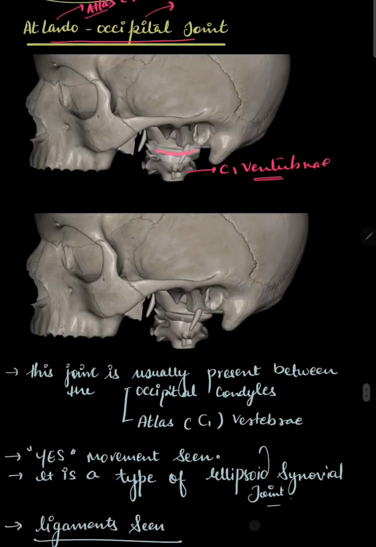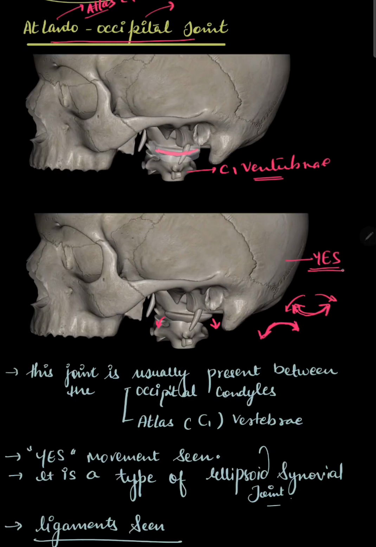What exactly happens is this condyle is going to go up and down in the forward direction. It is just going to go front and back like a boat. As it is a boat kind of structure, it is going to go in the front direction and a back direction, and that is when you have a yes movement.